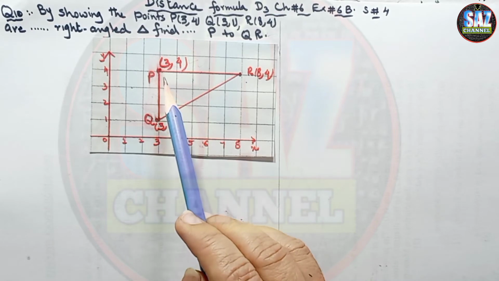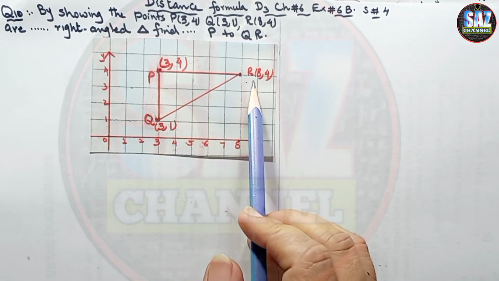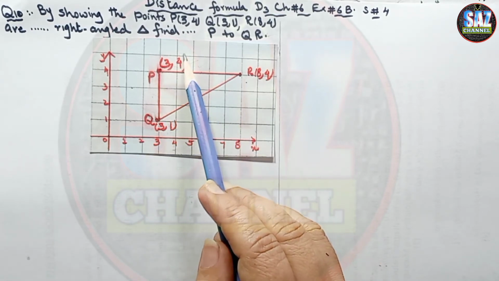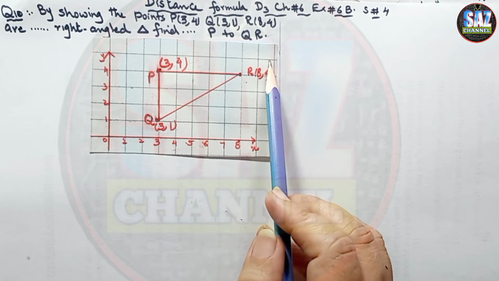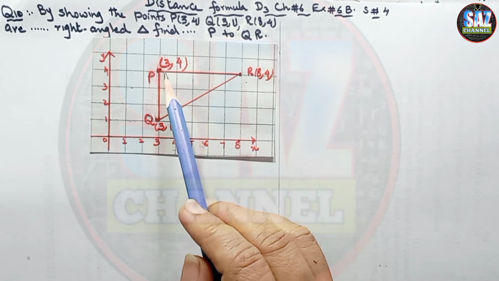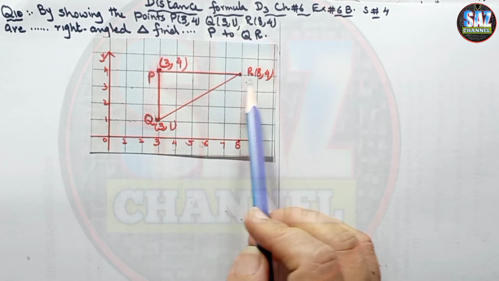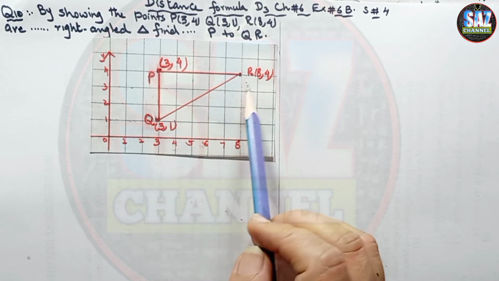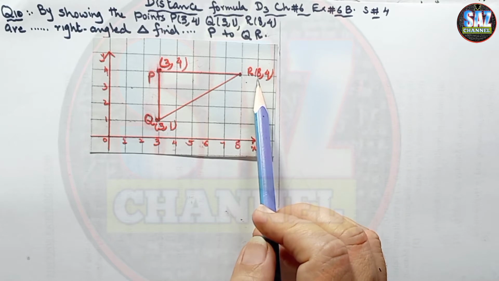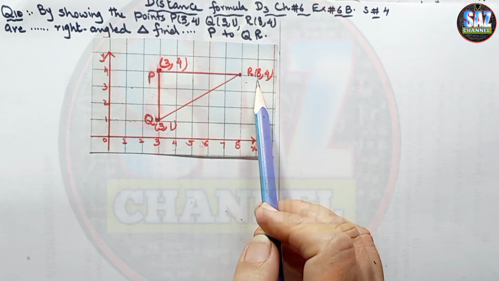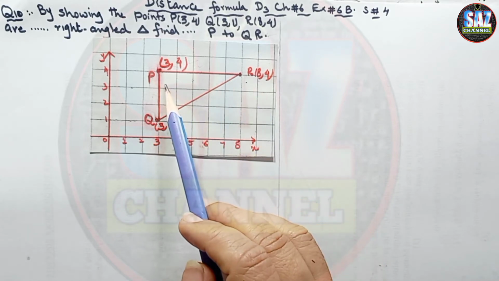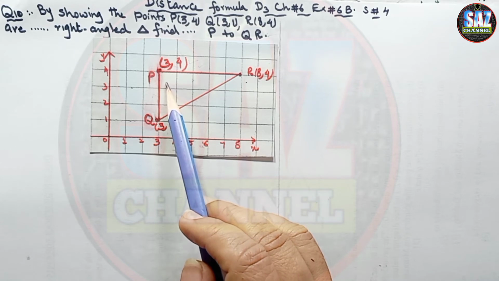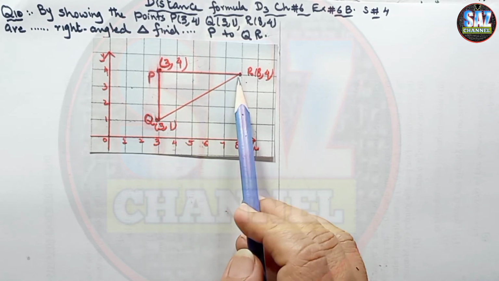And the same, if we look at P and R, both the points have the same y value, but there is a change in x coordinates: the x coordinate of point P is 3 and the x coordinate of point R is 8. Now count how many blocks are from 3 to 8: 1, 2, 3, 4 and 5.